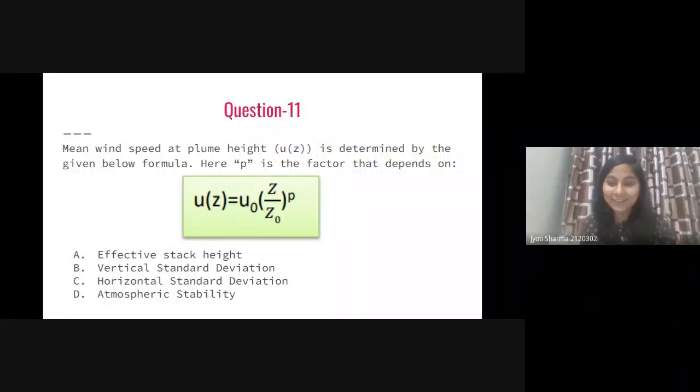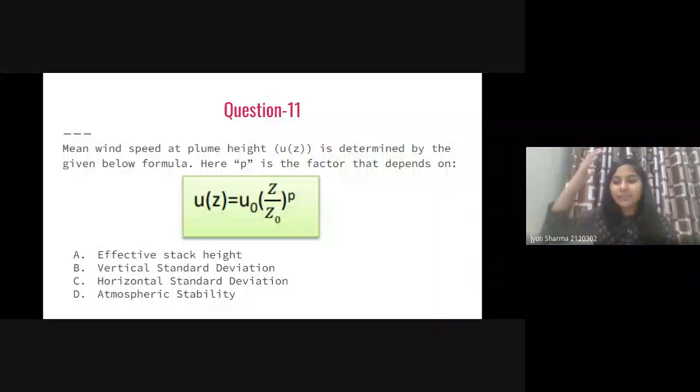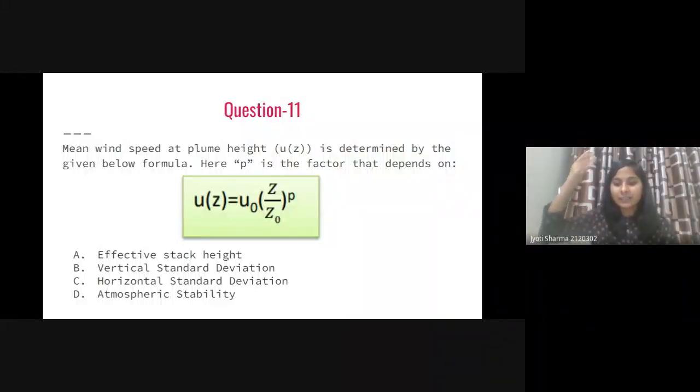No. I told you this is not related to the plume. So effective stack height is not the right answer, and the standard deviation will also not be the right answer. Why? Because we are just talking about generally how our wind speed will increase with the height. So the answer should be D, the atmospheric stability.